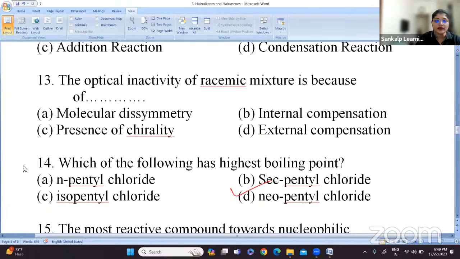Which of the following has the highest boiling point? A, n-pentyl chloride, B, secondary pentyl chloride, C, isopentyl chloride, and D, neopentyl chloride.